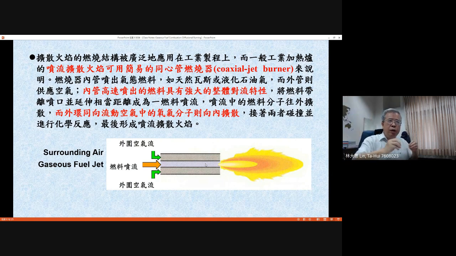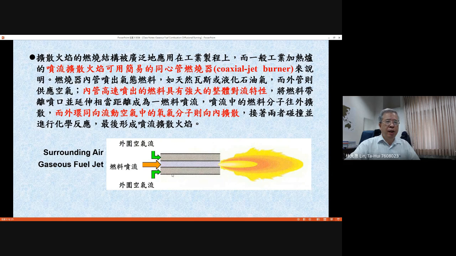You will produce a longer flame length and extend the heating area. Later on, I will tell you how the flame length changes with increasing flow momentum or flow injection.